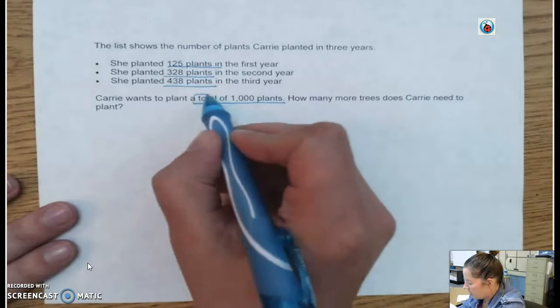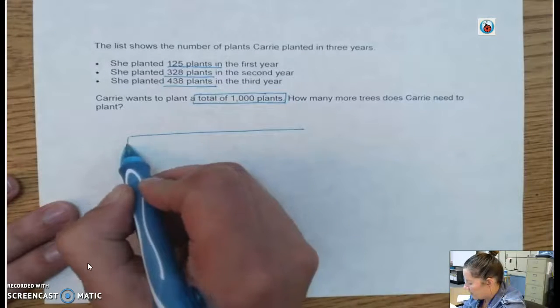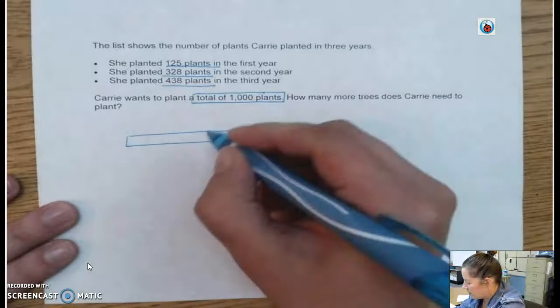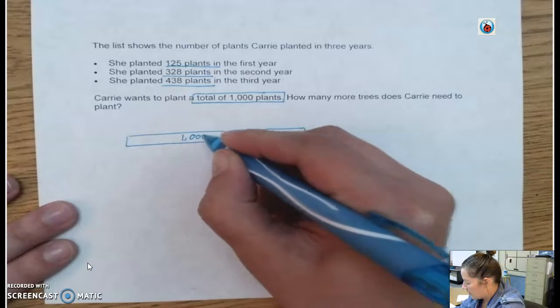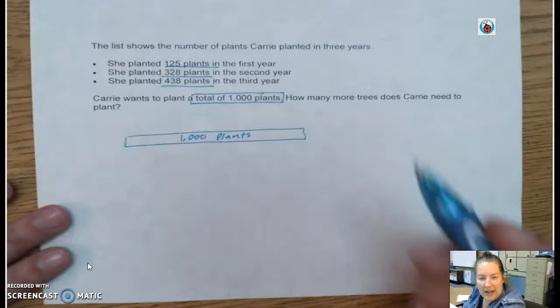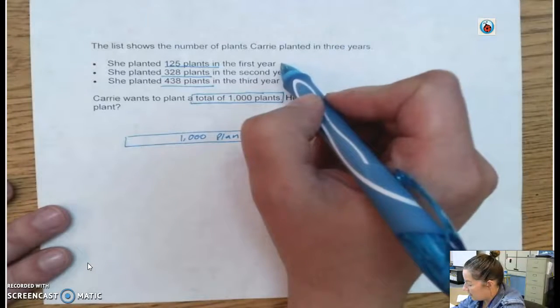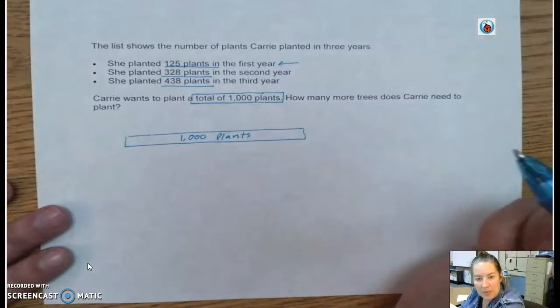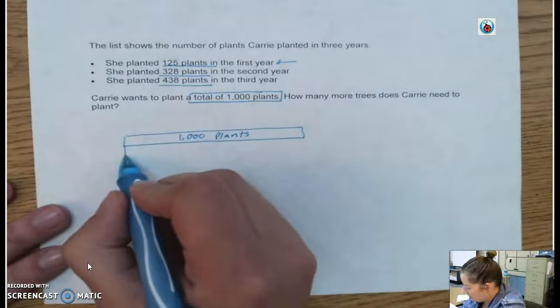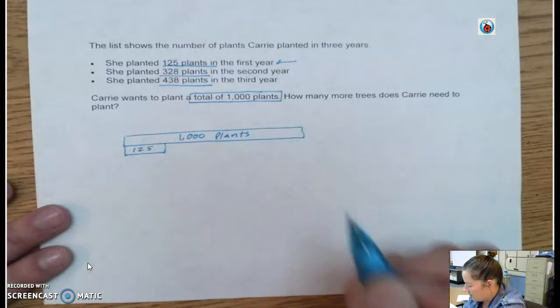So I know she wants a complete total of 1,000 plants. So I'm going to draw a little strip diagram here. So she wants 1,000 plants total. And she already has some. She's planted and grown some already. Let's take a look at those numbers up here at the top. So in the first year, she planted how many? 125.